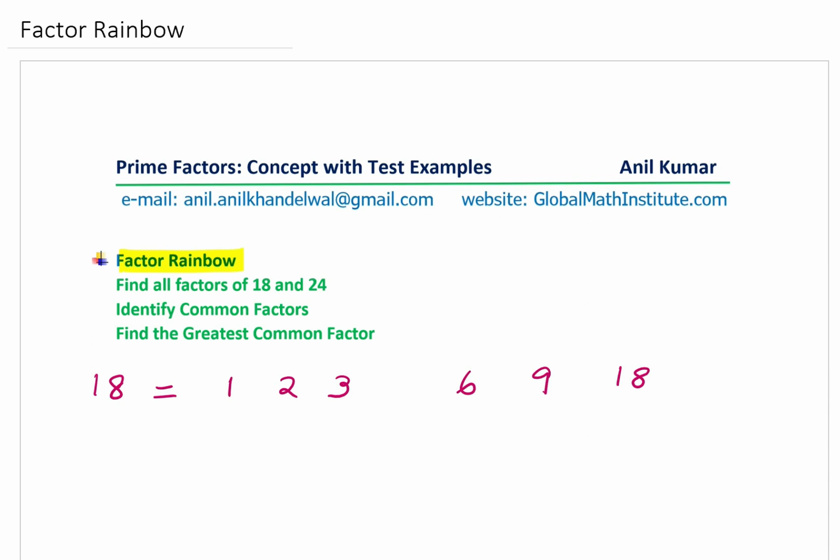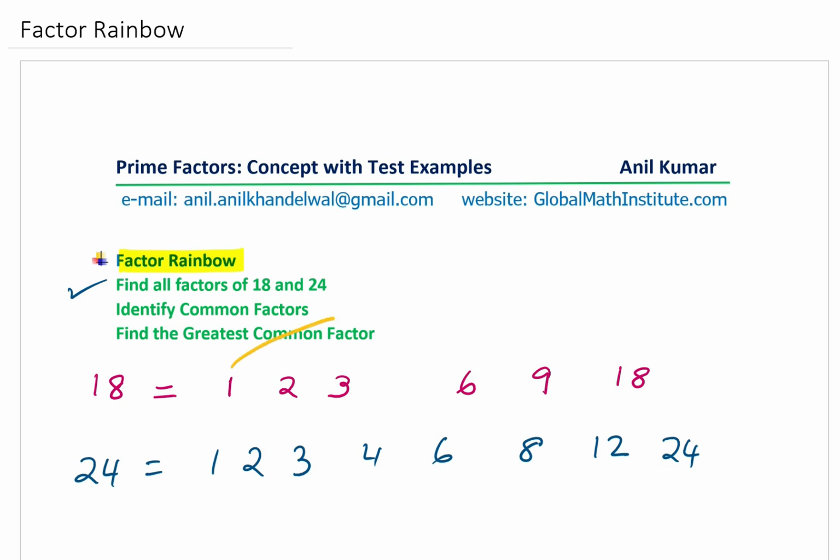For 24, let's write down here. 24 is 1 times 24. 2 times 12. 3 times 8. 4 times 6. These are all the factors of 24. So we have done the first part, which is the rainbow part, to find all the factors. Now, why is it called rainbow?